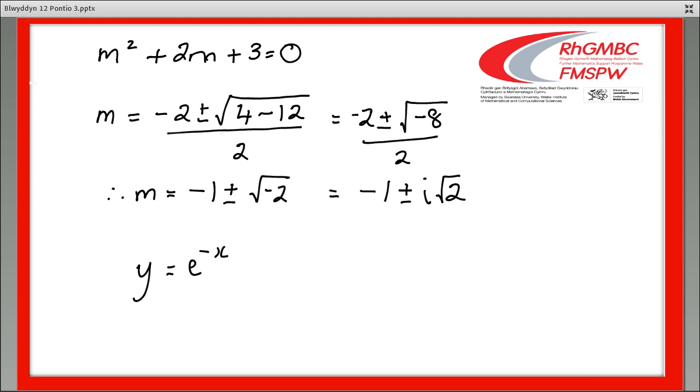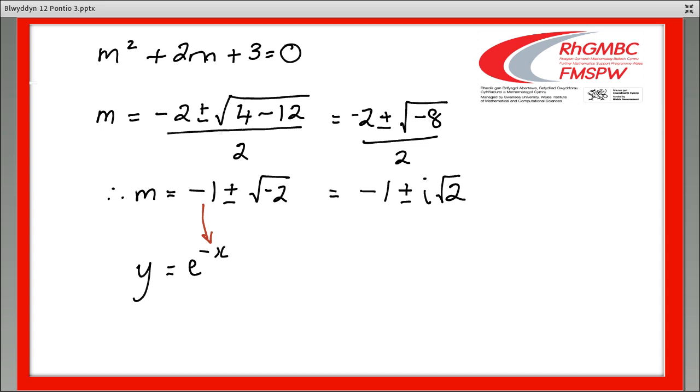So technically, if I do it in red, that value of 1 has gone in front of the x. That's where that has gone. What we haven't dealt with is the root 2, and the fact that we've got i. Now the way around that is as follows.